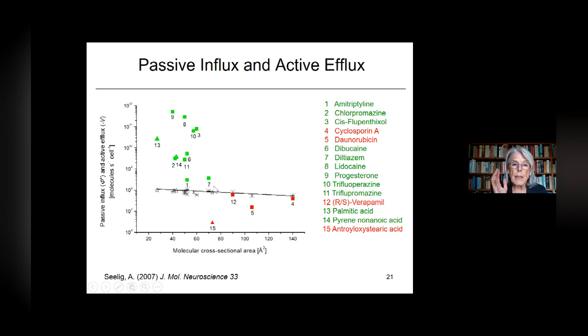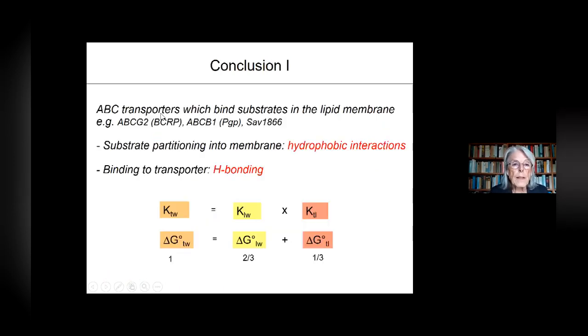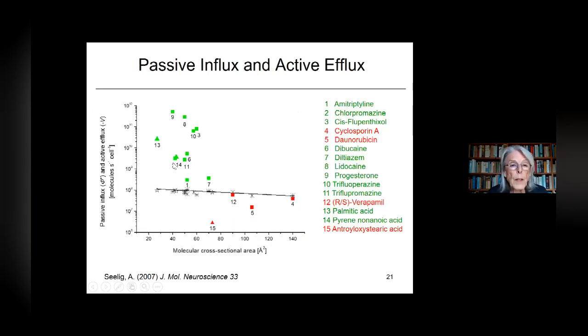Passive diffusion is extremely dependent on the packing density of the membrane and on the size of the molecule, an exponential dependence. The small ones up here are extremely fast and they go through. Green is for green light, you can walk. And the red ones have to stop because they are too big.